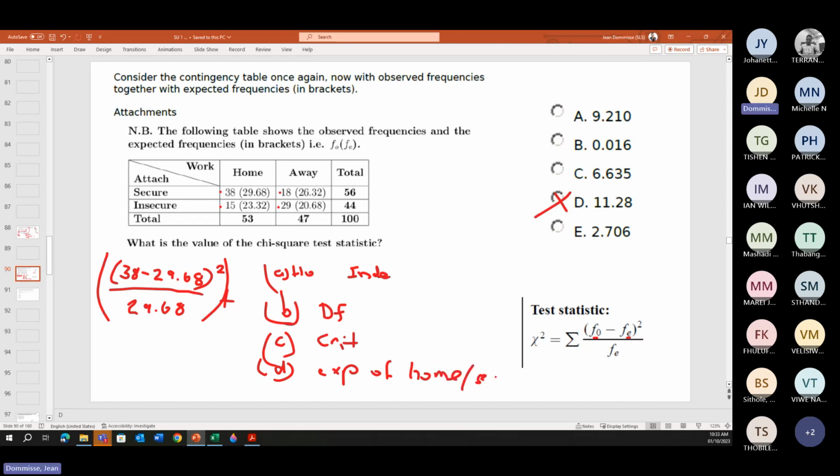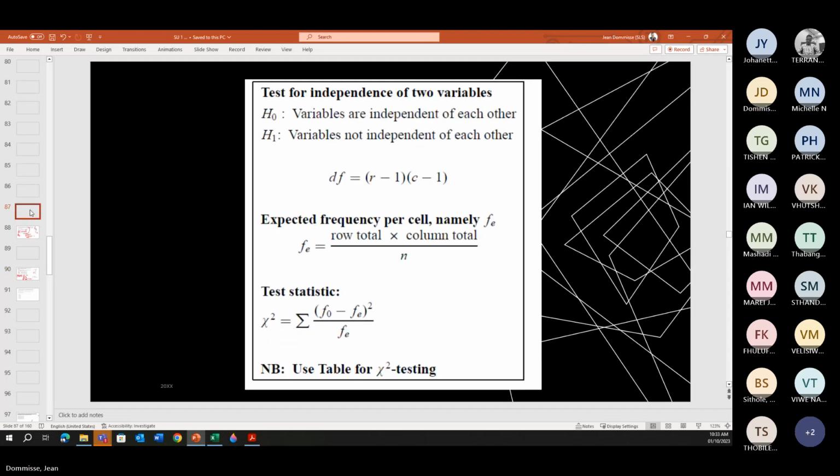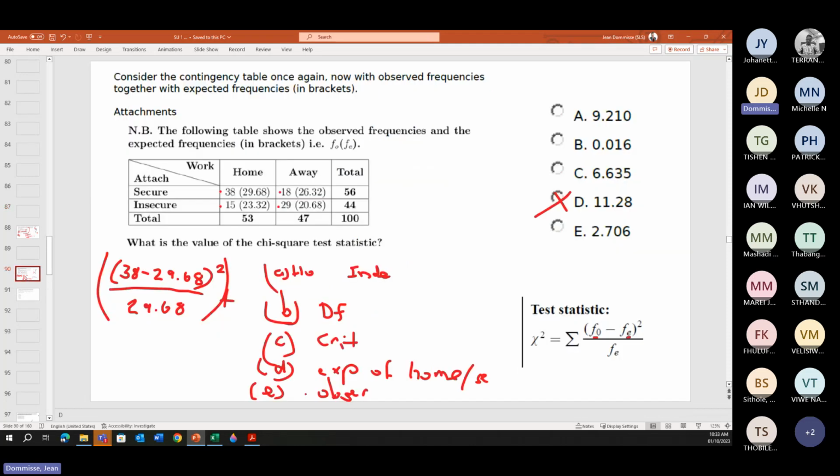And then I would probably have given you something else. And it might even be to say what's your observed value. And that basically tests all of this, if you can do it. So that is what, and I've seen that in other papers as well.